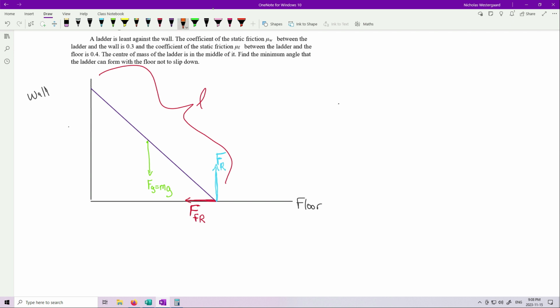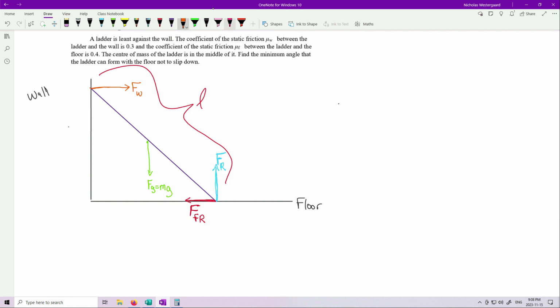Is there a normal force from the wall? Yes, there is. Normal force of the wall. I'm actually going to call it FW. And there's friction on the wall. If this ladder was to let slip, it would slide down the wall, which means friction must be pointed upward.